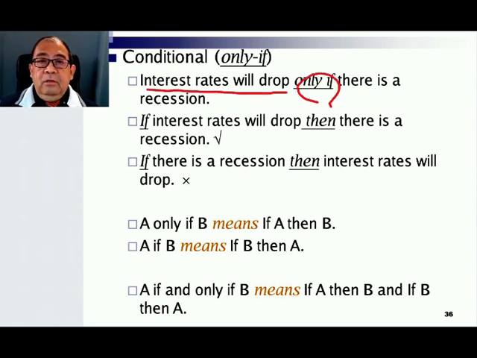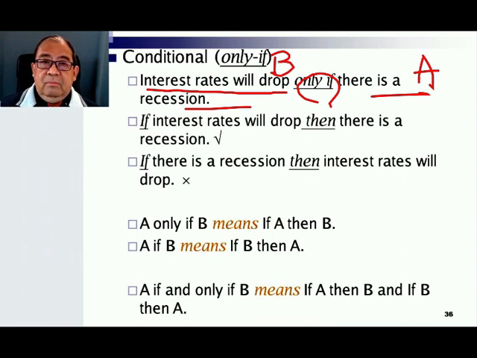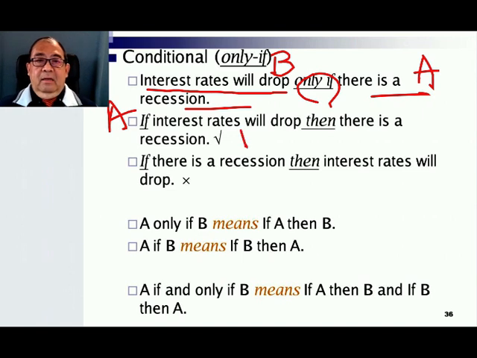So only if is usually, for example: interest rate will drop only if there is a recession. So usually this is the A, and this is the B. If interest rate will drop, then there is a recession.